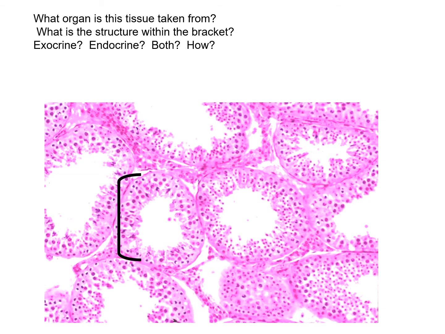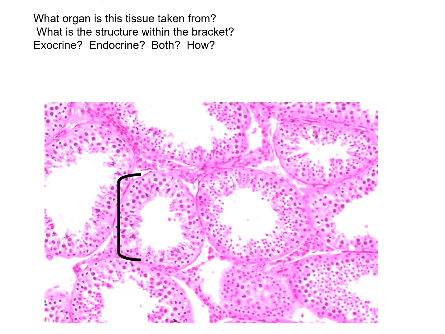The testes. It is. And what is the structure in the bracket? Seminiferous tubules. Correct. Are the testes exocrine, endocrine? Both. They are both. So what is emitted when they are exocrine?